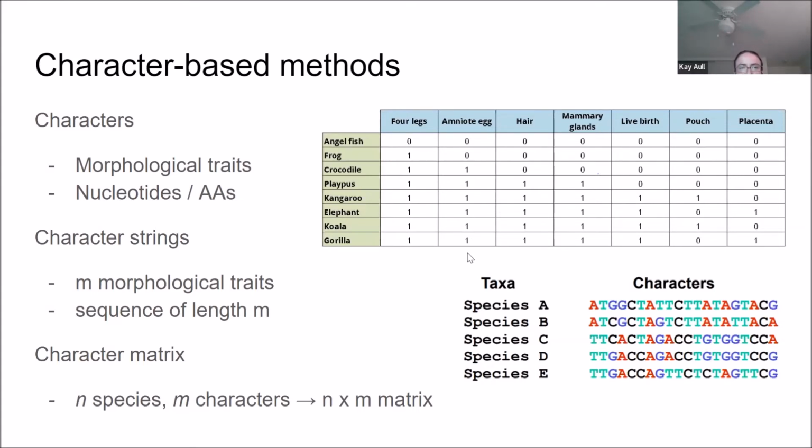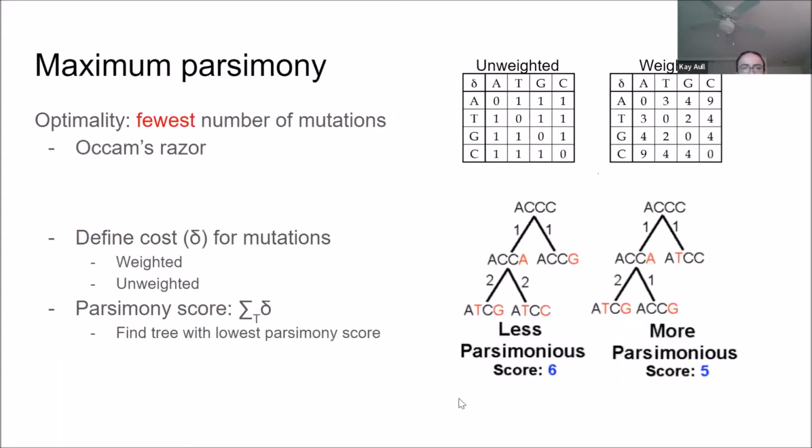And so you will get this character matrix reflecting the presence or absence of a trait. And then you can use that to make a maximum parsimony tree. And so the optimal tree is the one that requires the least number of mutations to get there, right? That's Occam's razor. The simplest answer wins. And you're trying to figure out what is the tree that requires the fewest mutations.